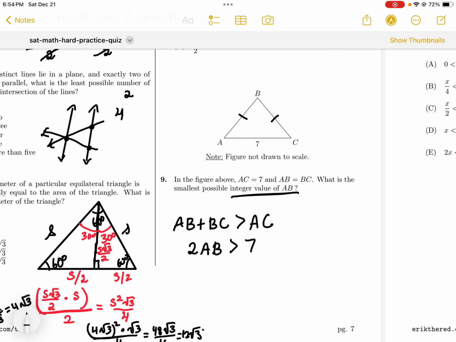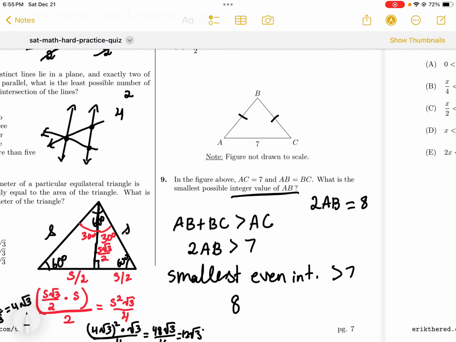So essentially we're trying to find the smallest even integer greater than 7, and the smallest even integer greater than 7 is 8. So for our smallest integer value of AB, 2AB has to equal 8. That means AB must equal 4. And that's our answer.